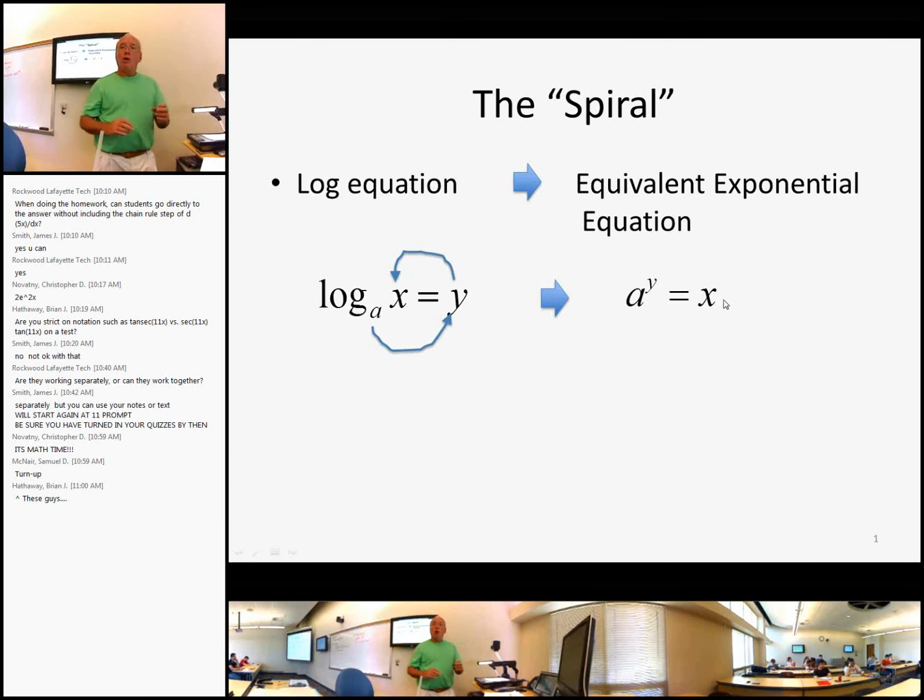These two are equivalent equations, but they're different ways of representing the value of the log.